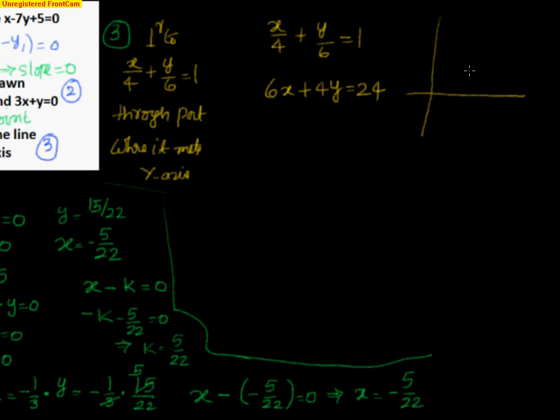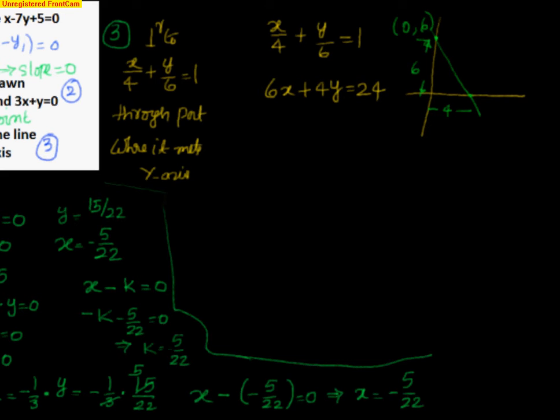If I draw this as a coordinate axis and this graph, we know that this is equal to 4 and this is equal to 6, right? And what is this point? We know this point has x equal to 0 and y equal to 6, right?